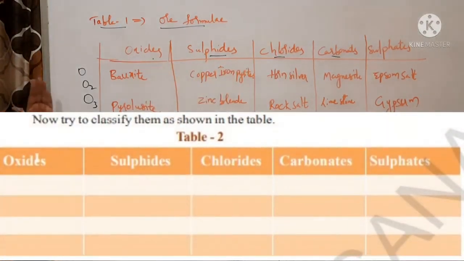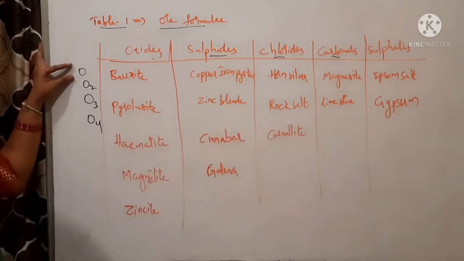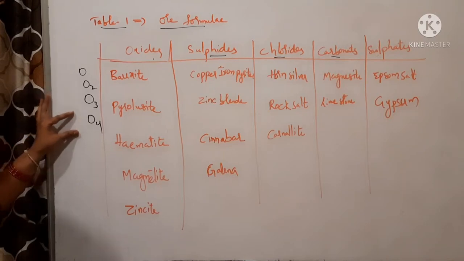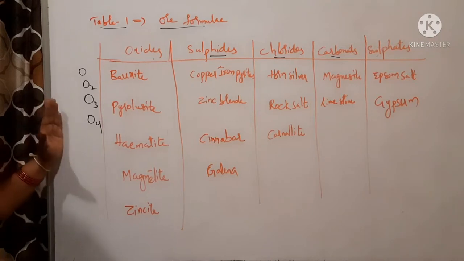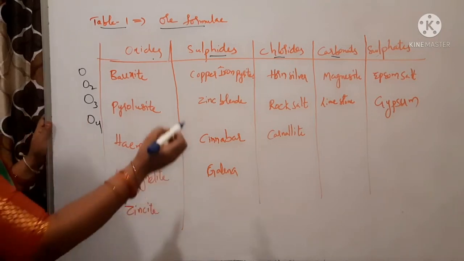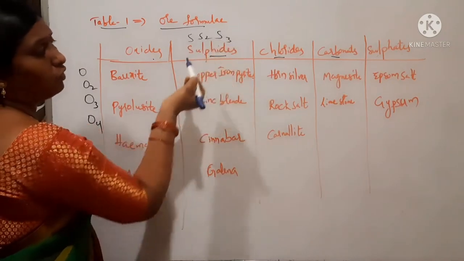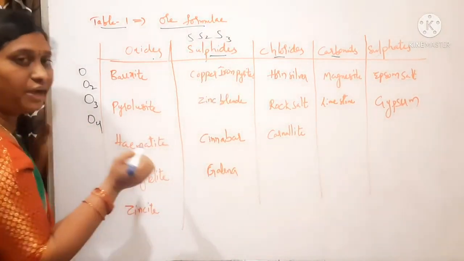While classifying them, you have to remember, at the end of the formula, if it is O or O2 or O3 or O4, then those ores are called oxides. If at the end of the formula there is S or S2 or S3 or S4, you confirm them as sulfides.